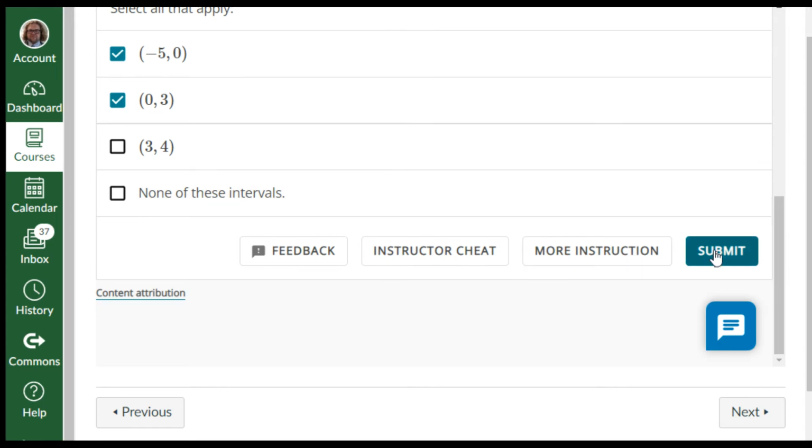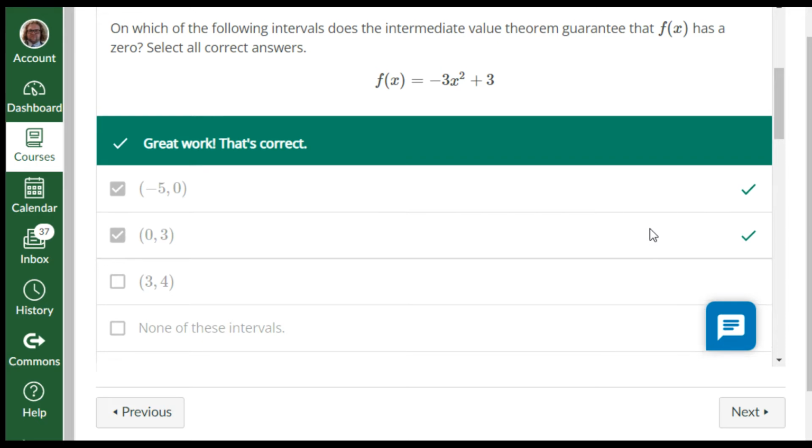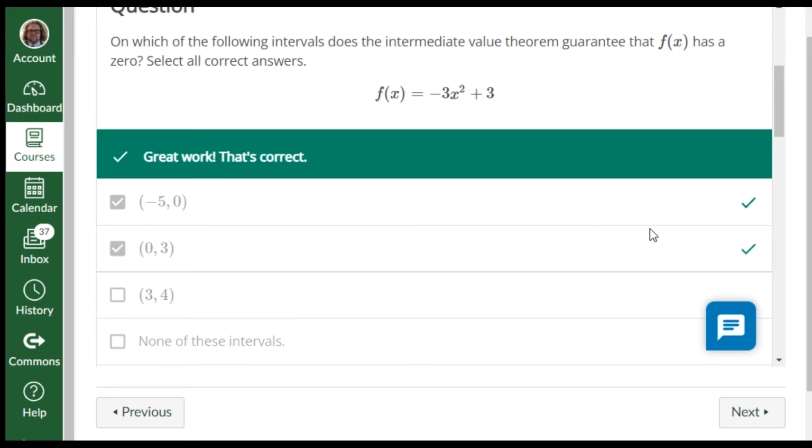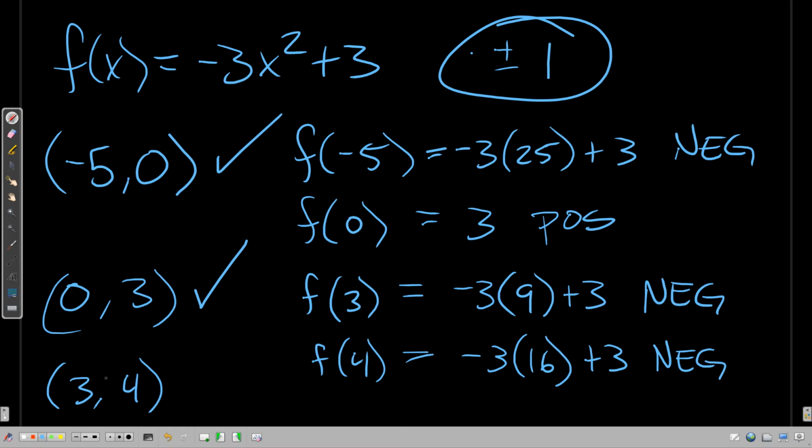Understand the difference between the theorem guaranteeing that it's there and the idea that we are just unsure if it's there.